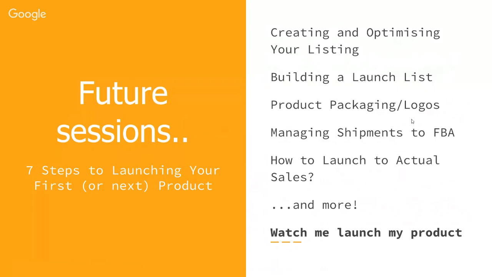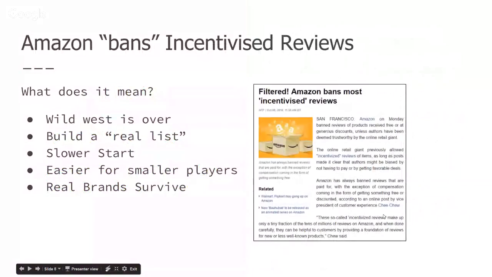So 4 months it sat around doing nothing. We go through that in a future session as well, how to get your product to Amazon FBA. We talk about how to launch the actual sales, so getting that initial sales off and running, and much more. Obviously, you get to watch me as well.